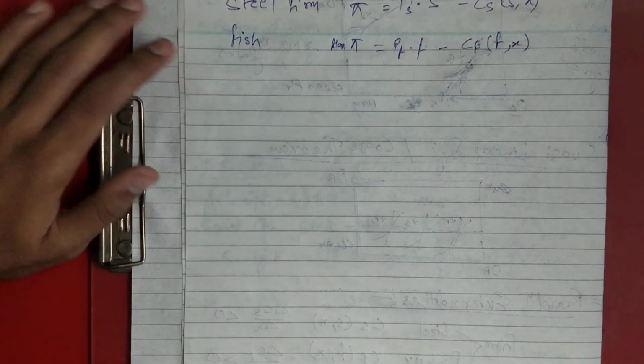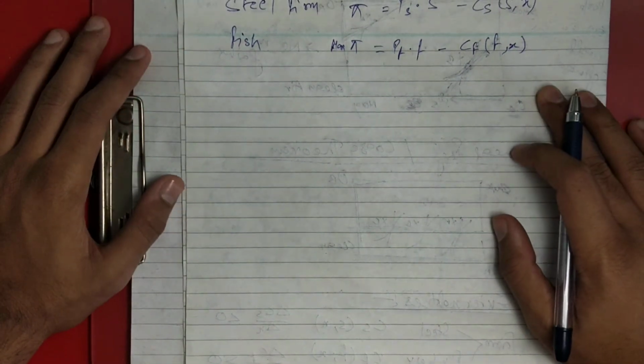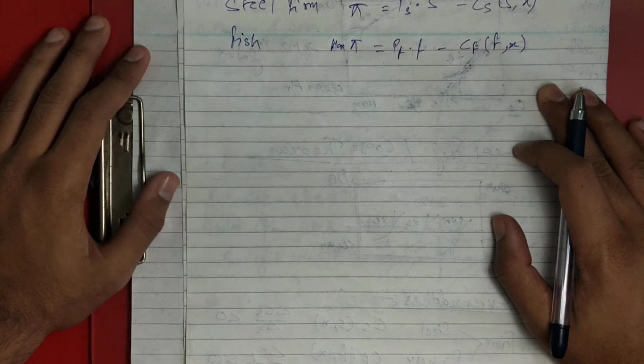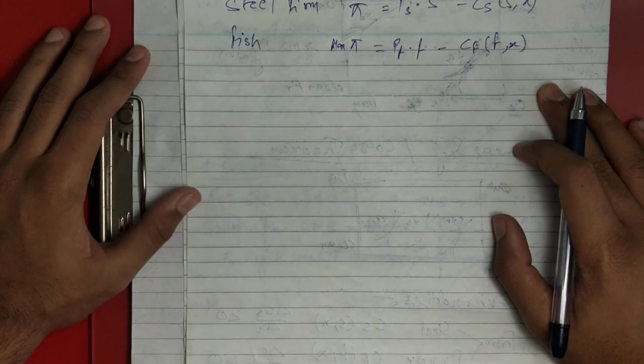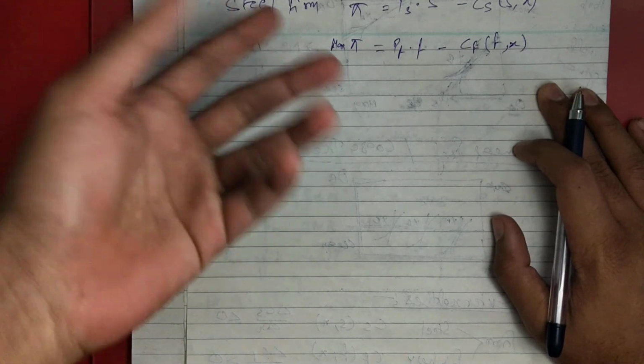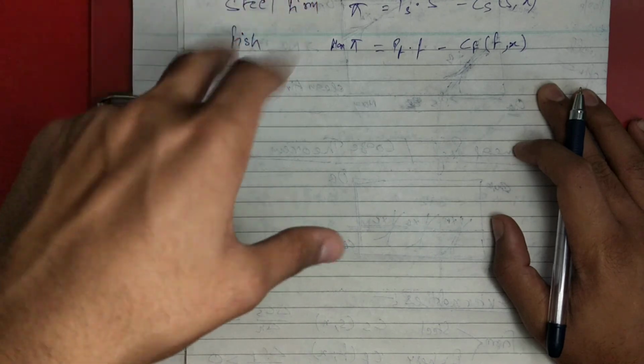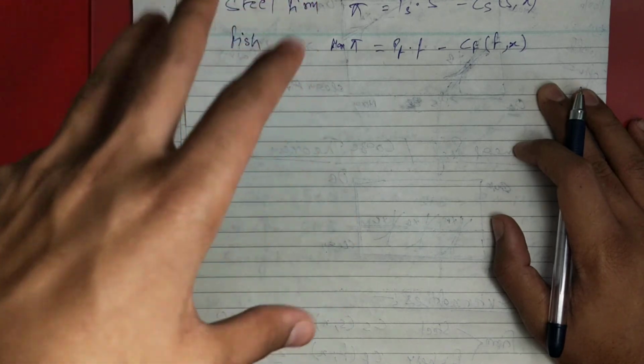Now we must note that the steel firm gets to choose the amount of pollution that it generates, but the fishery firm must take the level of pollution as given. The steel firm has the authority to decide how much to produce, and it will create pollution according to that only.